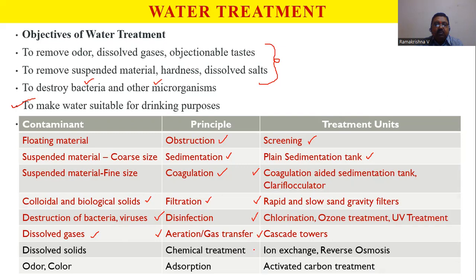We have a process called ion exchange and reverse osmosis. Similarly, odor and color will be removed through a process called adsorption. These are specific processes, generally called advanced treatment operations.